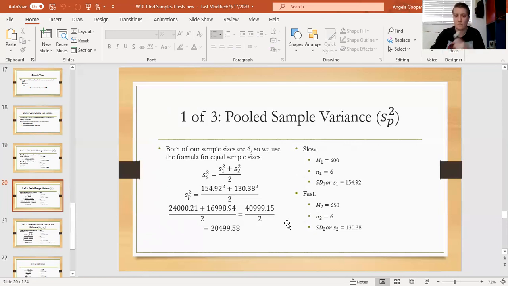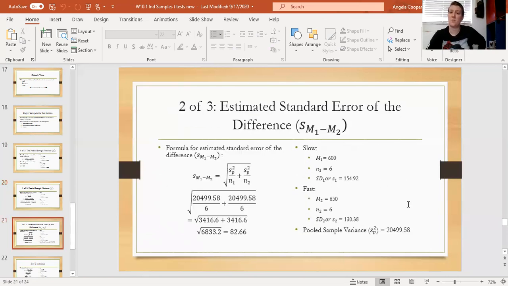Cool. Now what? Well, notice this is step 1 of 3 of calculating the test statistic. So now we go on to step 2, which is going to be finding the estimated standard error of the difference. Now, again, keep in mind this notation. This SM1 minus M2 is referring to step 2 of calculating the test statistic, which is finding the estimated standard error of the difference.